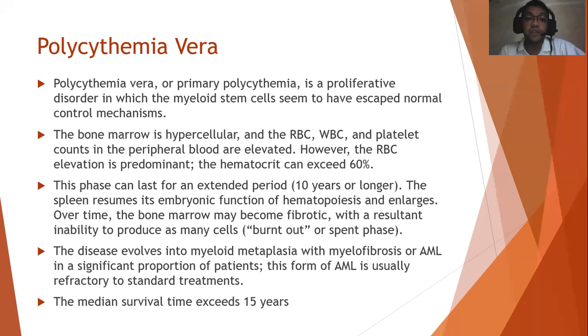So the disease evolves into myeloid metaplasia with myelofibrosis or AML in a significant proportion of patients. This form of AML is usually refractory to standard treatments. And median survival time for patients who have polycythemia vera exceeds 15 years. So it's averaging at that age.